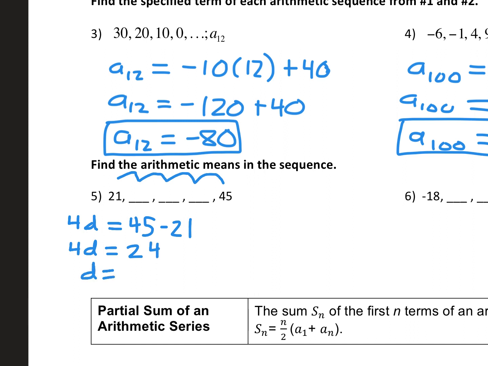So that means 1 common difference is 6. And now we just go back and we add 6 to each previous term. So 27, 33, 39, and those would be the answers.